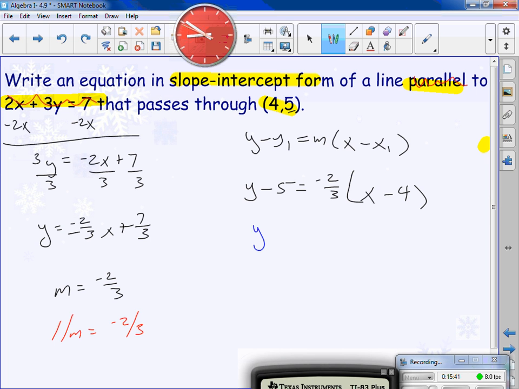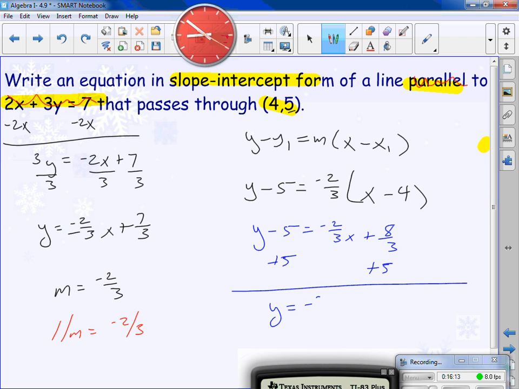Distribute. Y minus 5 equals negative 2/3 x, negative times negative is positive, 2/3 times 4. Well, it's actually 4 over 1. 2 times 4 is 8, so it's 8/3. I don't want mixed numbers. Leave them as improper. Add the 5, add the 5.